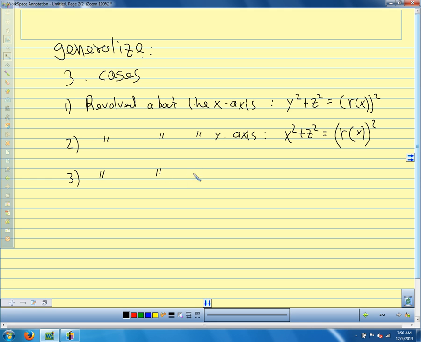That was the case that we used because it was easy to visualize. We get x squared plus y squared equals some function of z squared. So these equations give us the forms of the equations for surfaces of revolution about our three coordinate axes.